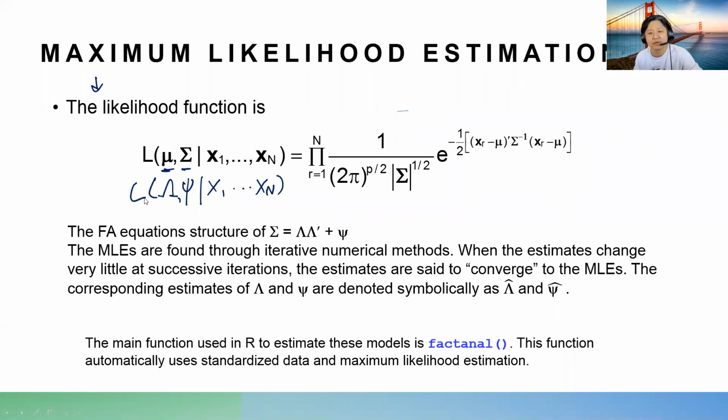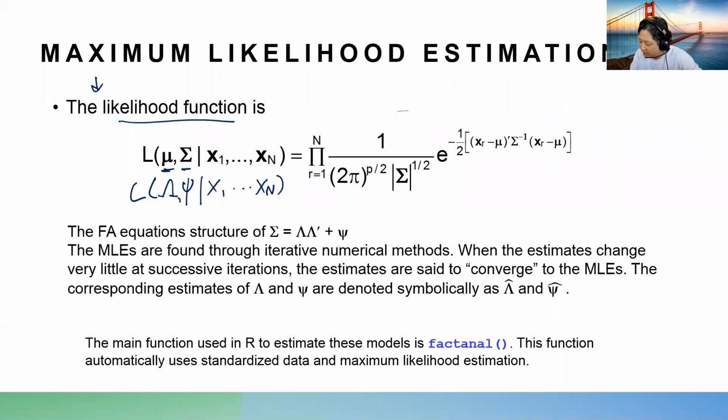So we will compute all possible likelihood values of loadings and residuals based on our data, and then find the maximum likelihood. Okay. So that is maximum likelihood estimation for EFA.